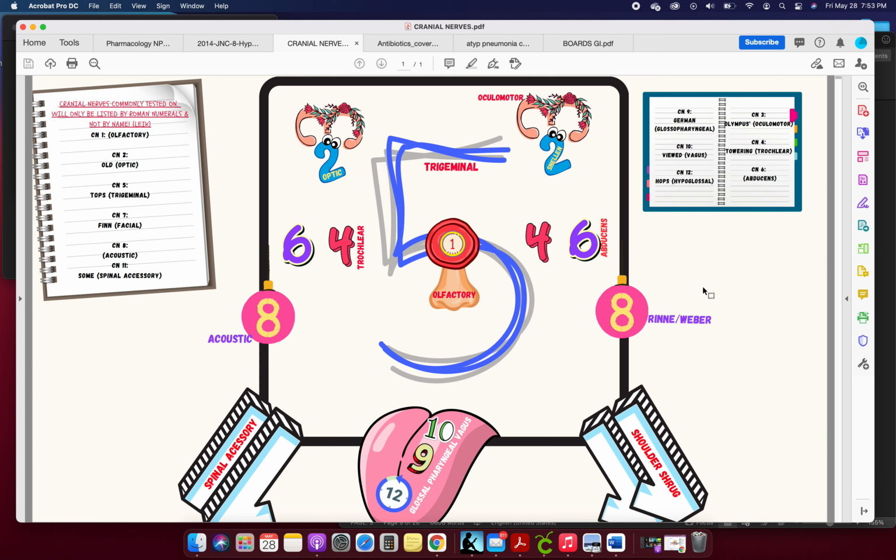But it also gives you that visual, so that when you are taking a test such as the boards, it's about recall. That's the really big challenge for people, learning to recall that information. If you can learn what these cranial nerves are and be able to recall the information, then you will do well on the boards.